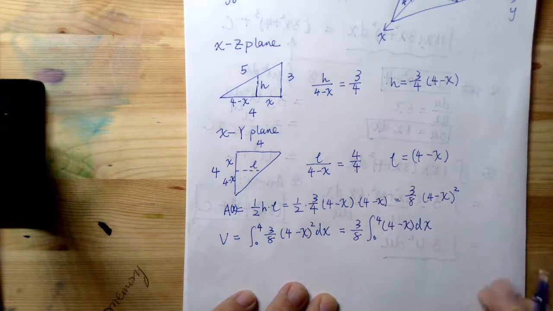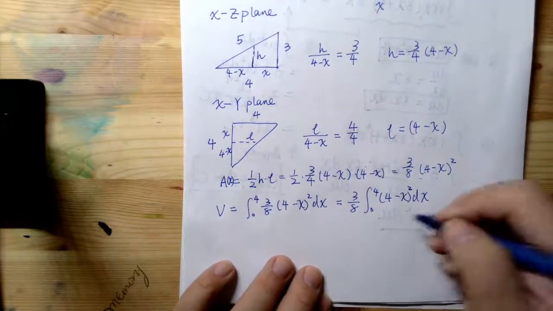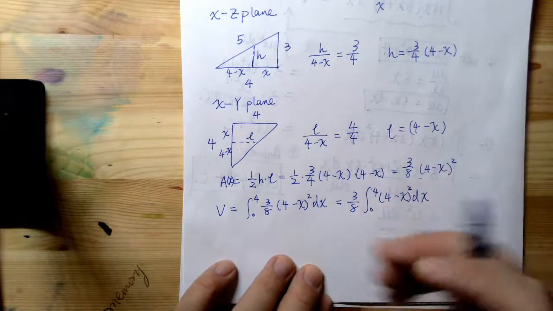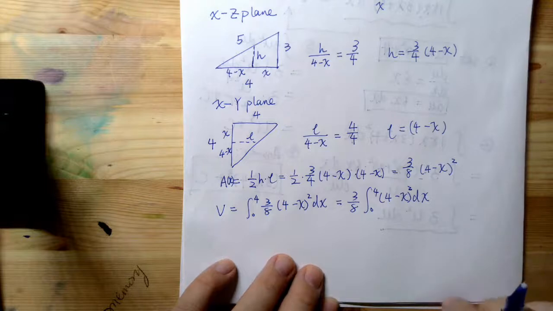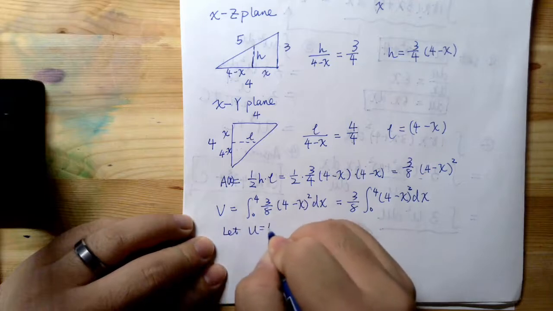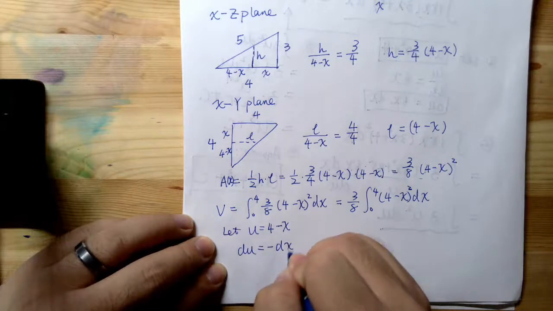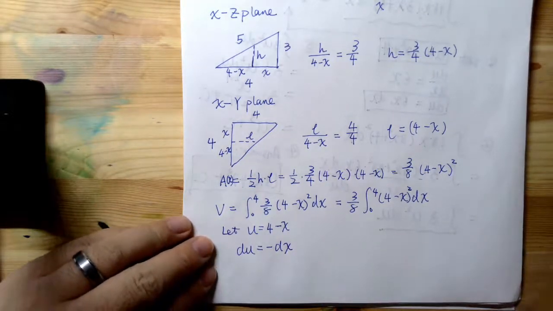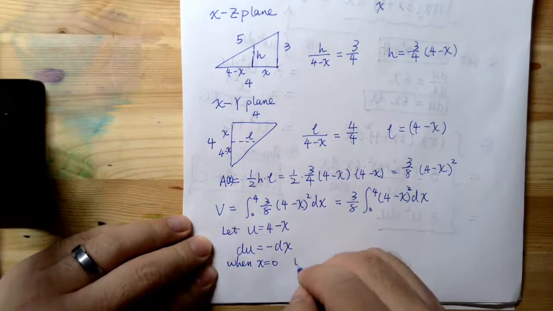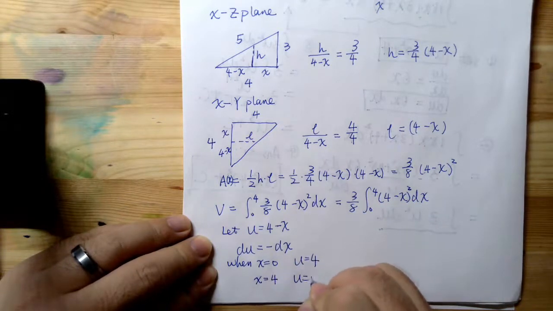We can have two ways to handle this. We can use a simple substitution, or we can expand this and then evaluate the integral. Maybe we can use a substitution. So let u equal 4 minus x. Then du equals negative dx. Also, when x equals 0, u equals 4. When x equals 4, u equals 0.